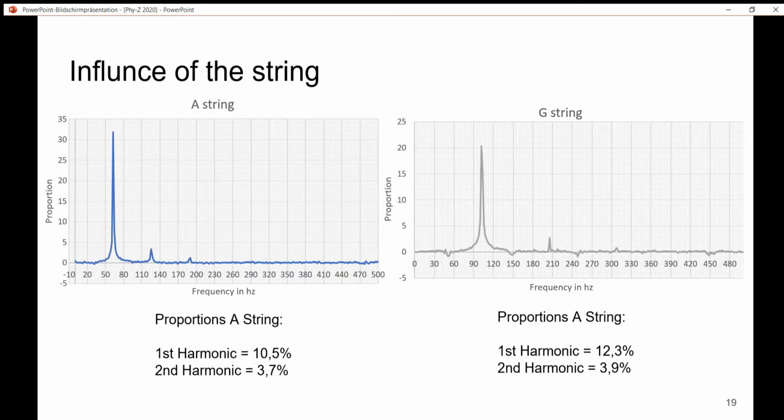So now to the influence of the string. I used 2 different strings to detect if there are differences in the proportions of the amplitude of the harmonics in the string. I did this in an experiment, and as you can see, the proportions of the harmonics are nearly the same. So you can state that the A string and G string have similar proportions of harmonics.